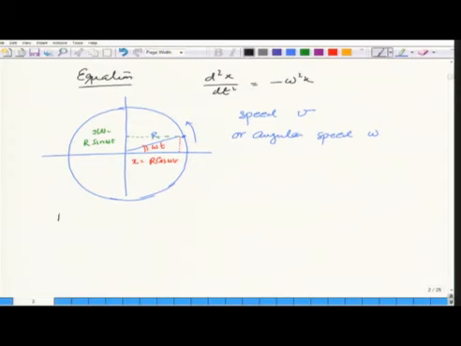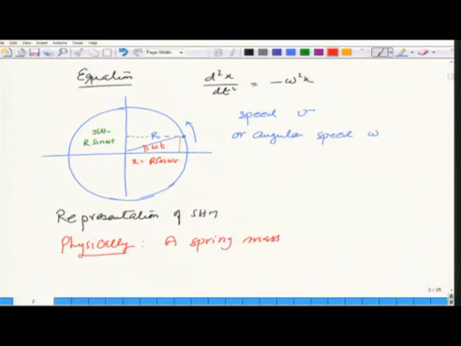We also learnt that this is a representation of SHM, and finally we saw in the last lecture that physically a spring mass system, when this spring follows Hooke's law, performs simple harmonic motion.